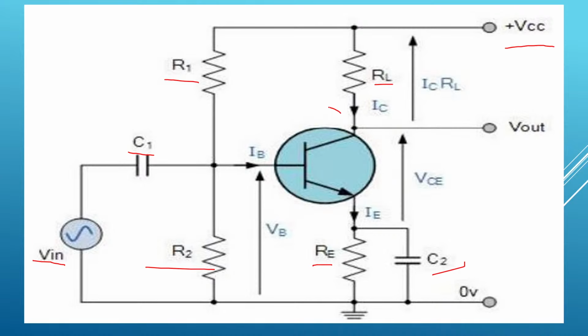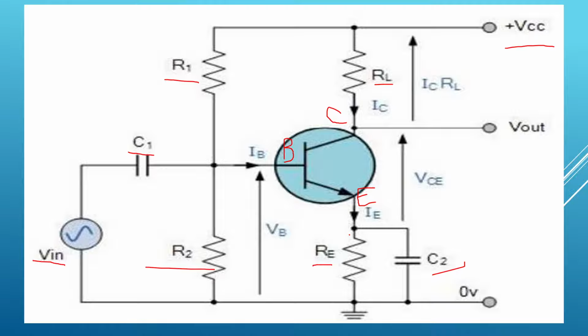This is C, this is B, write it down, it is not mentioned here. This is E. So this is the common emitter configuration: collector, base and emitter.